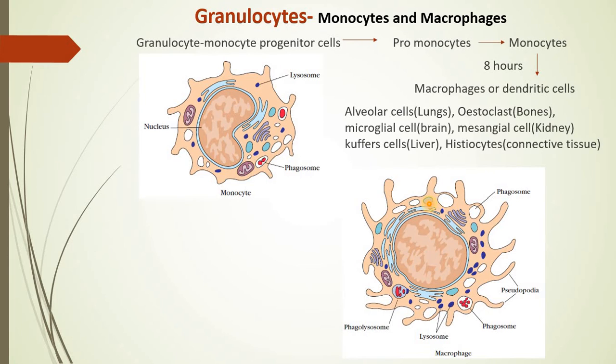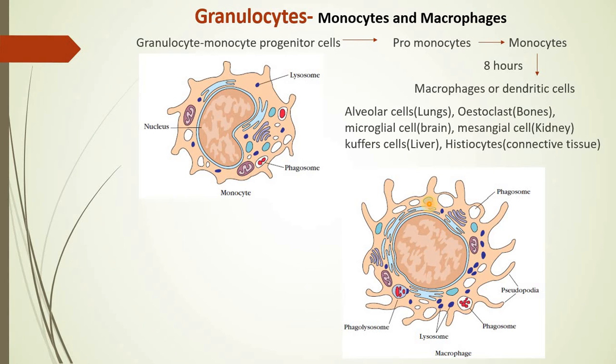Now let us move ahead with the granulocytes. You know that granulocytes are important blood cells and they are commonly called WBC. Now why do we call them granulocytes? The only reason is their cytoplasm contains a large amount of granules. And as you know, there is another type of cell present in the blood which is called agranulocytes, wherein the cytoplasm doesn't show the presence of any kind of granule.